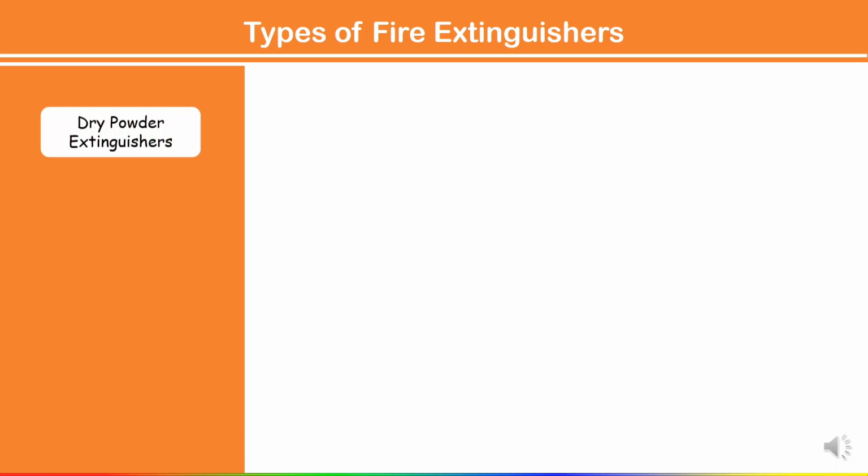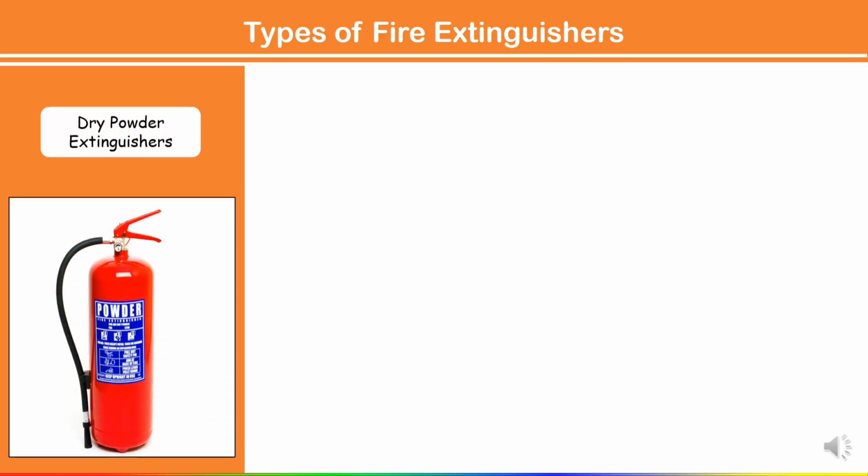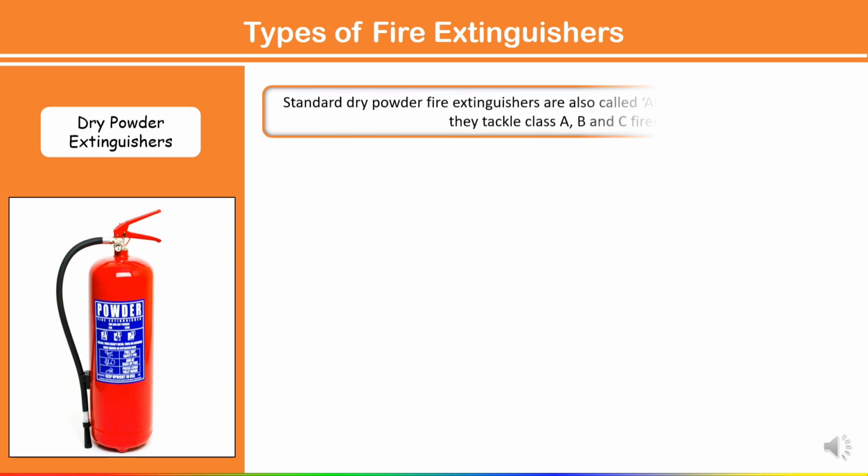Now the next type is dry powder extinguishers. This standard dry powder fire extinguisher is also called an ABC extinguisher because it tackles class A, B and C fire. With the help of a dry powder extinguisher, you can extinguish a fire in solid combustible material, flammable liquid or flammable gases.